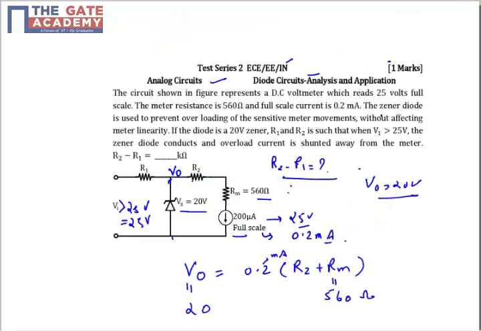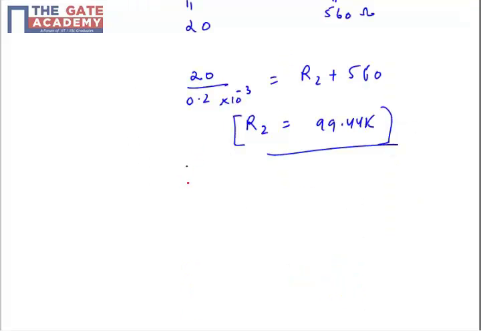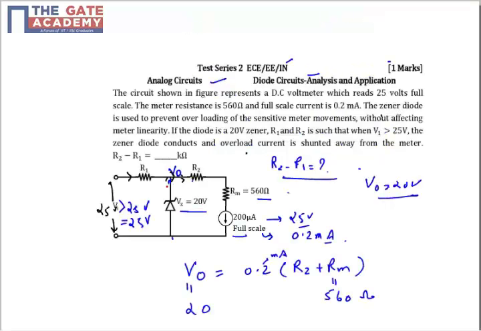Once I have calculated R2, now let's see across R1. Input voltage is 25 because we are taking the limiting case, and I am assuming that my entire current goes to the voltmeter, so the Zener current is 0. Under that case, 0.2 times 10 raised to power minus 3 will be the current across R1, the same current flowing through the voltmeter.